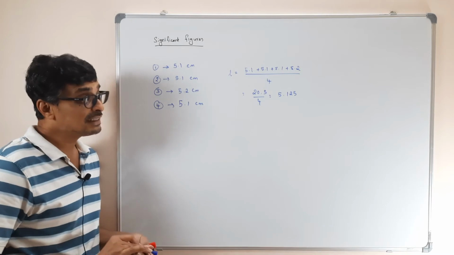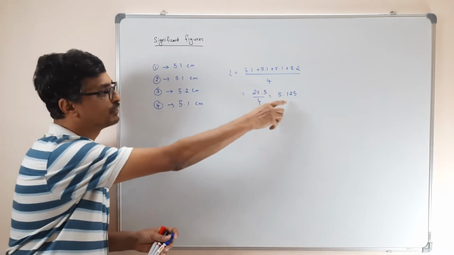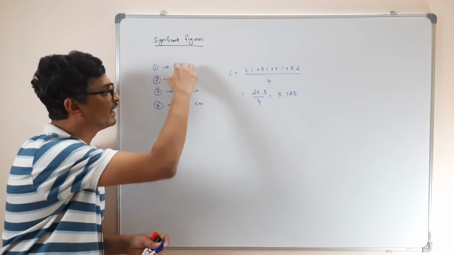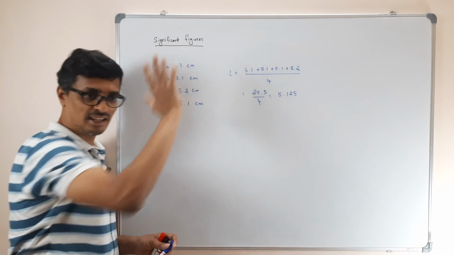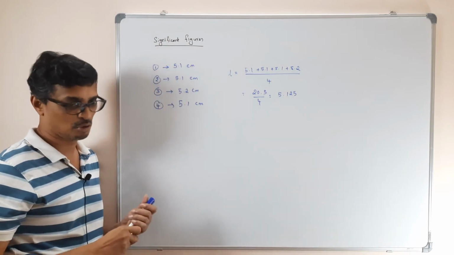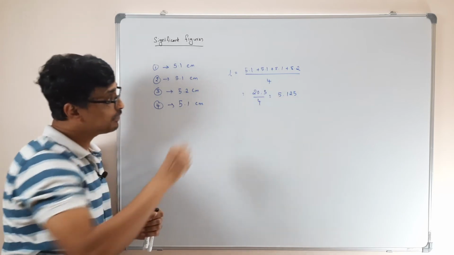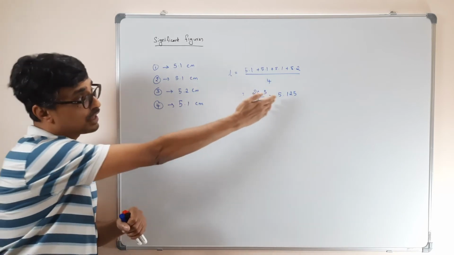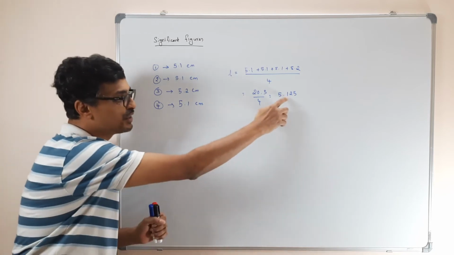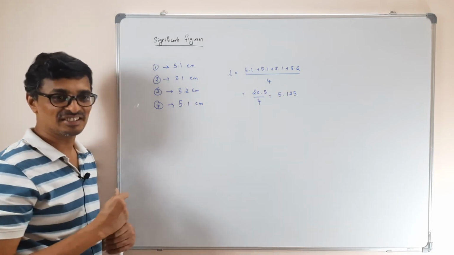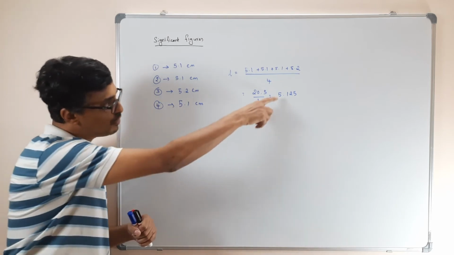But this is not the correct way. Taking the difference from the average gives me the error in my most probable value. But this is not the right way of presenting, because none of you gave me this precision. You all gave only up to here. So I should not use all the digits.